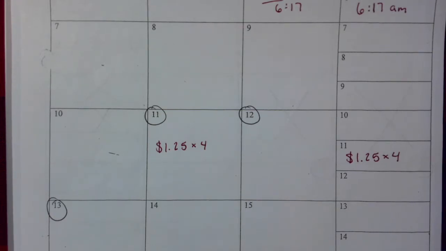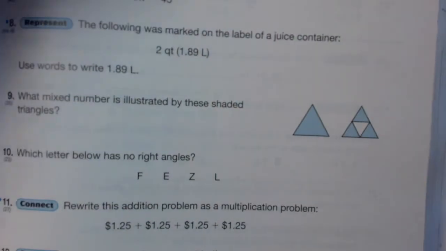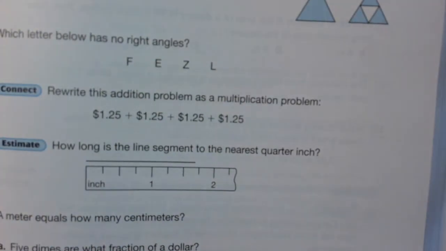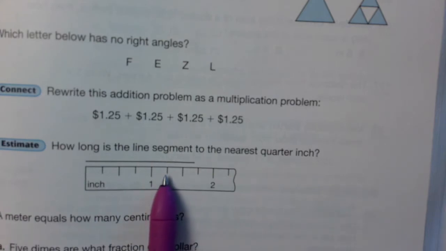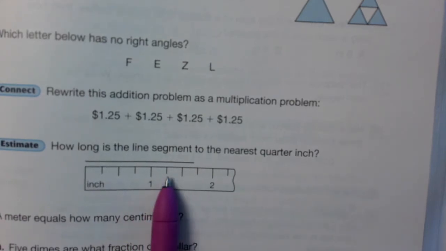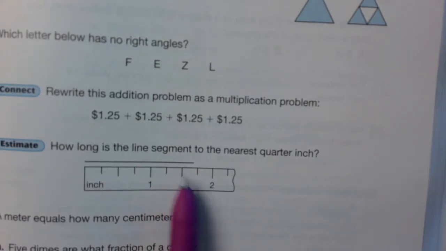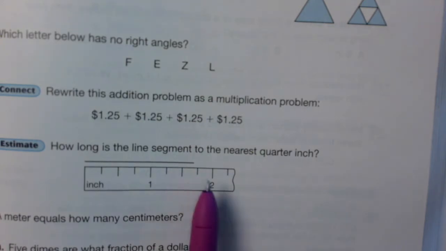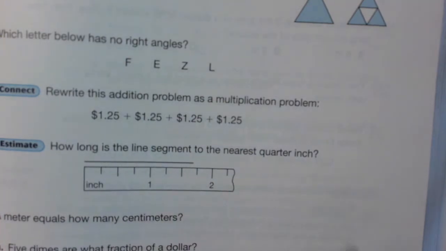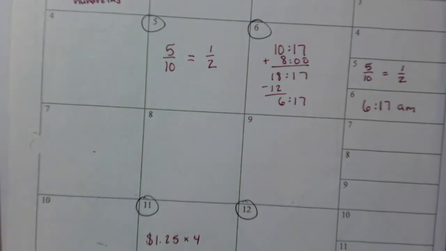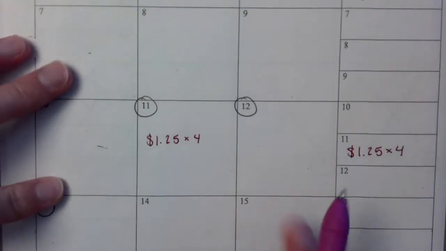Number 12, how long is the line segment to the nearest quarter inch? 1, 1.5, 1, 1.25, 1.5, 1 3/4, 2. So 1 3/4 is where it's closest to. 1 3/4 inch.